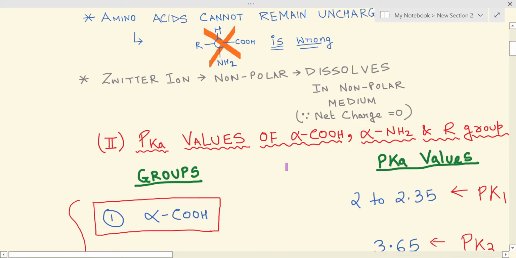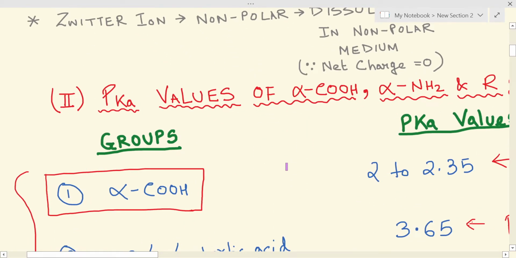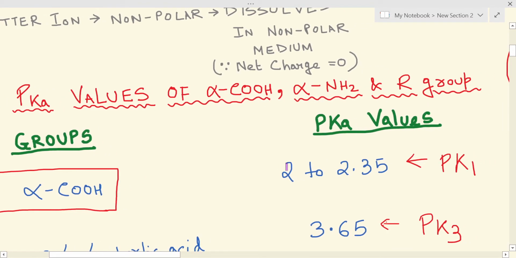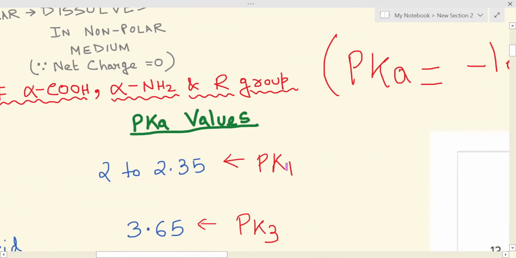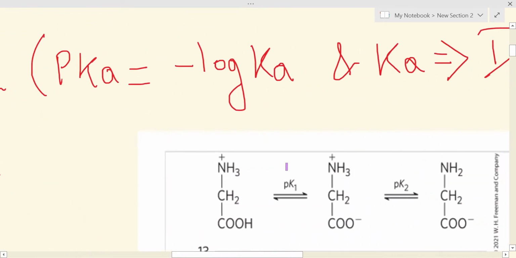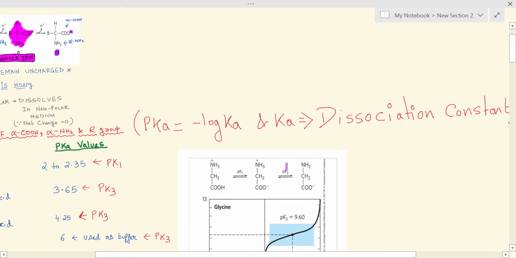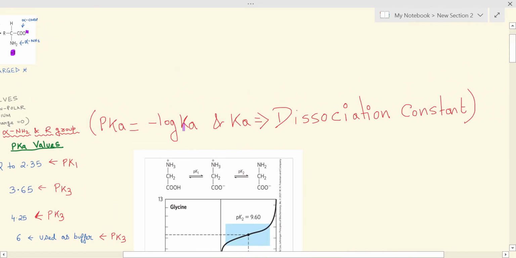Now, what is pKa, or understanding the concept of pKa values? So pKa is known as minus log of Ka. And what is Ka?